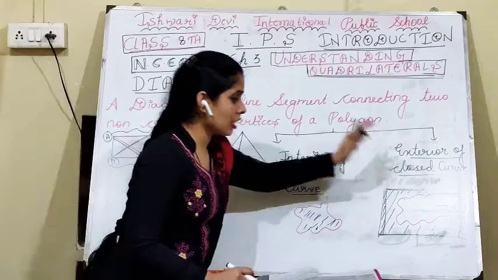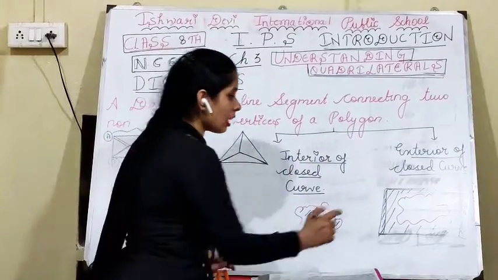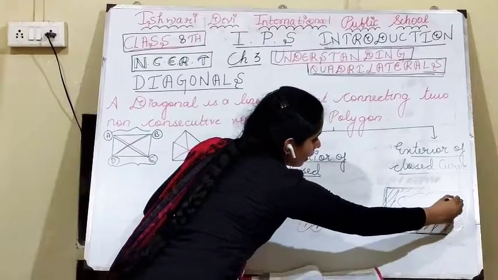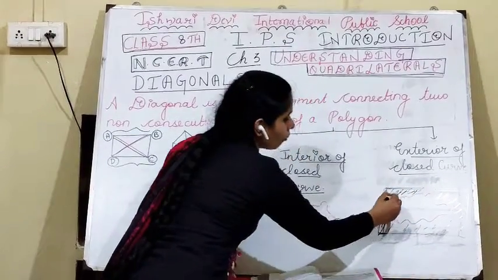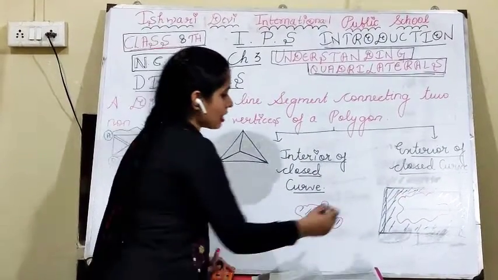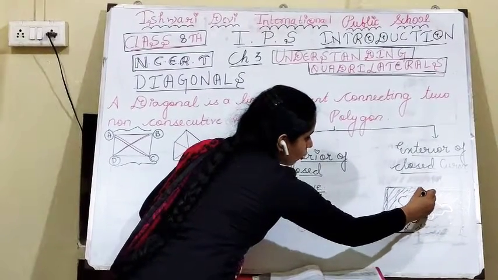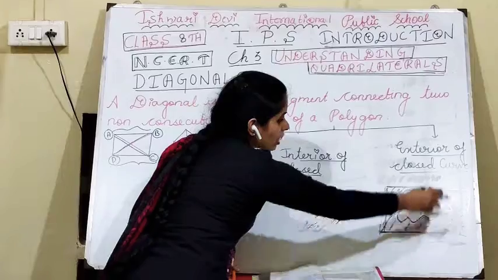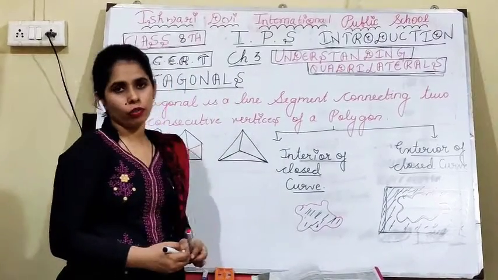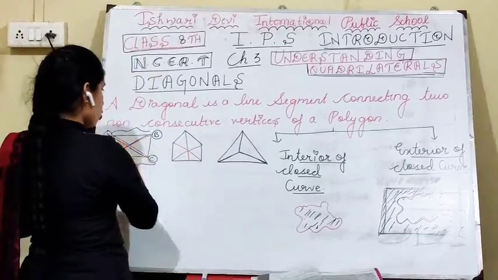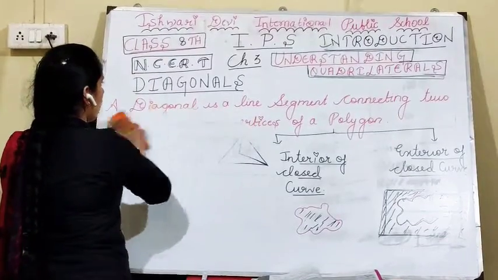Now what about the exterior of the closed curve? Exterior means this black line. The black line which I am making is closed, and outside that it is the exterior of the closed curve.